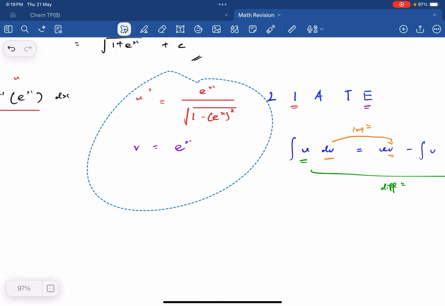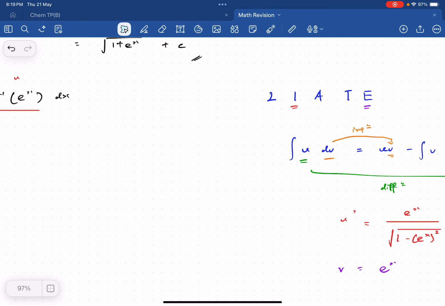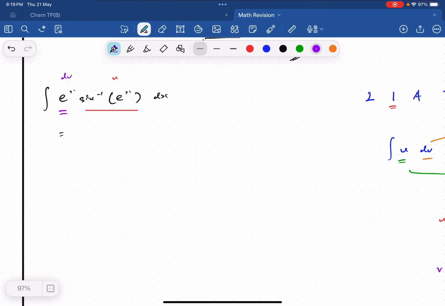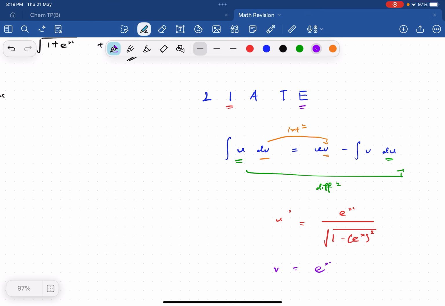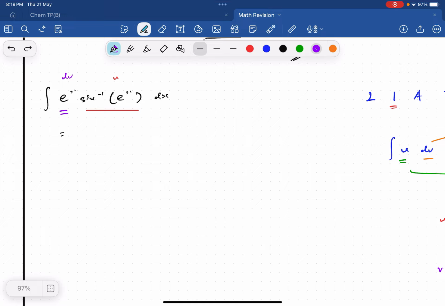So I'm going to move these two pieces of information down here, and I'm going to get to integrating. So I'm going to express it in this form now, and I'm going to begin writing. So this is going to be equals to uv, or in this case I'm going to write it in the other way.